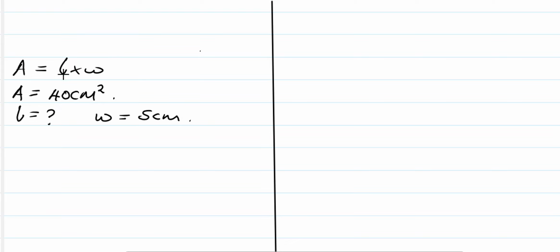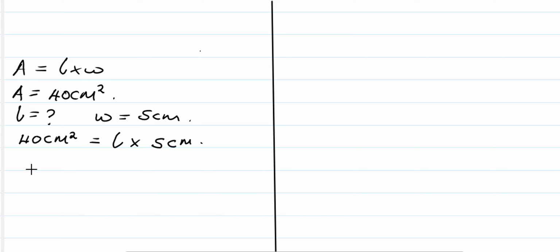So from there, we can apply this formula as 40 centimeters squared, which is now the area, is equal to the length we don't know, multiplied by the width, which we know is 5 centimeters, like that.